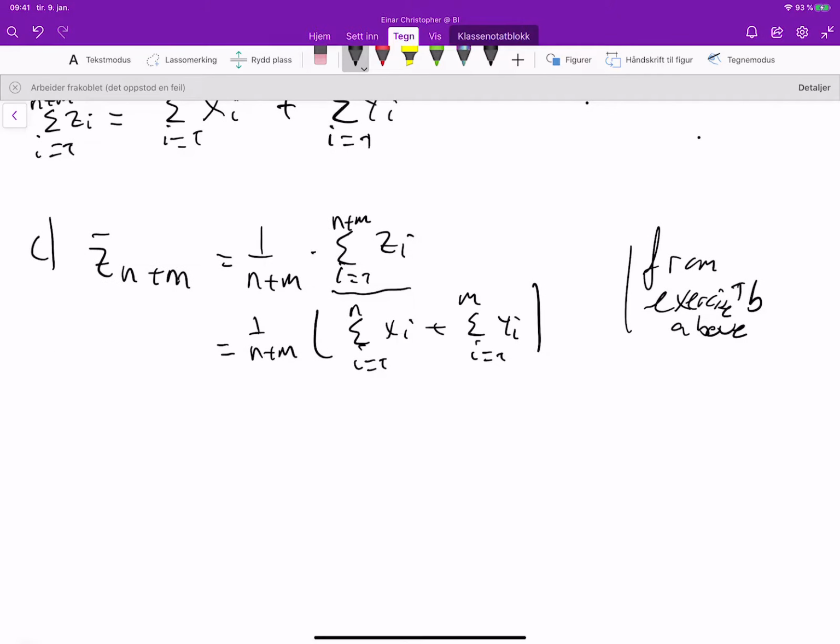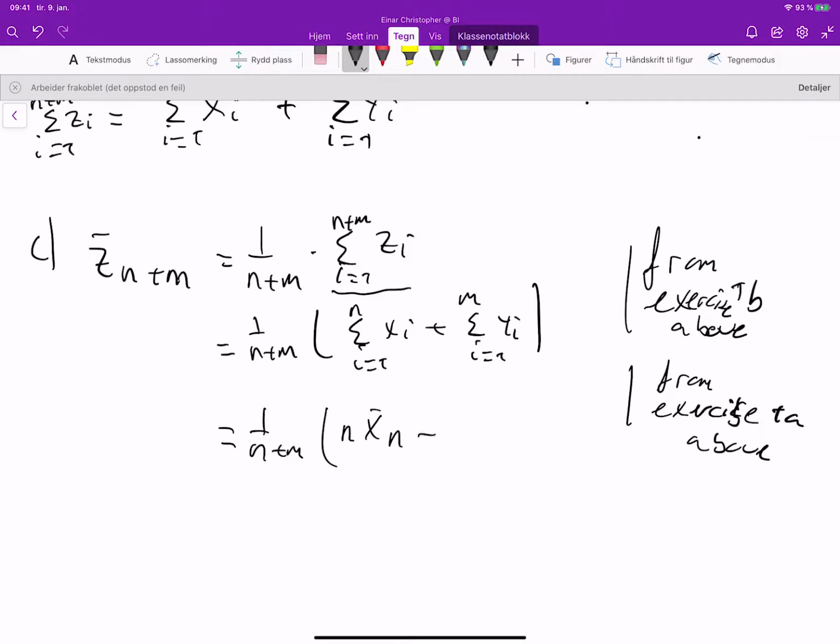And then we use exercise 1a. We know that the sum of the xi's is the same as n xn bar.